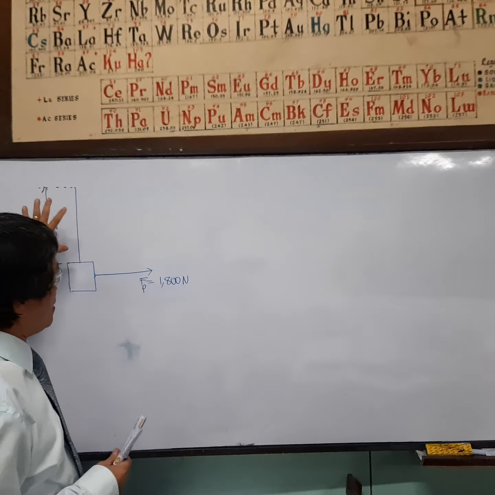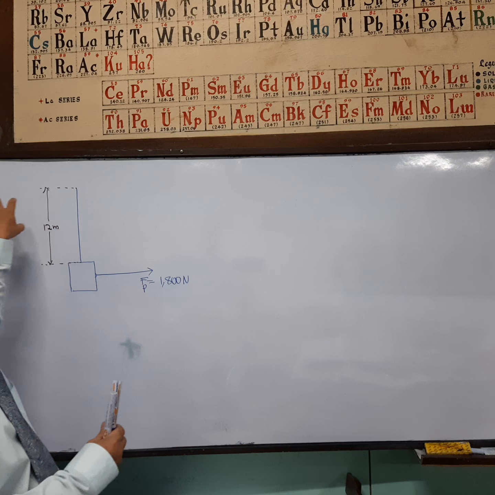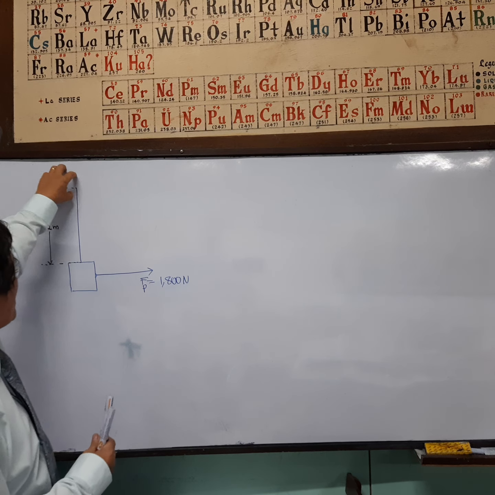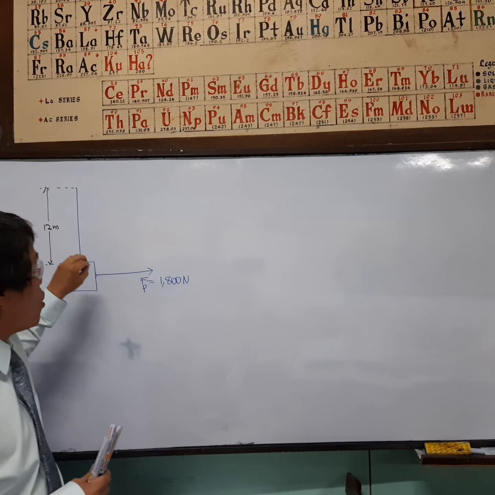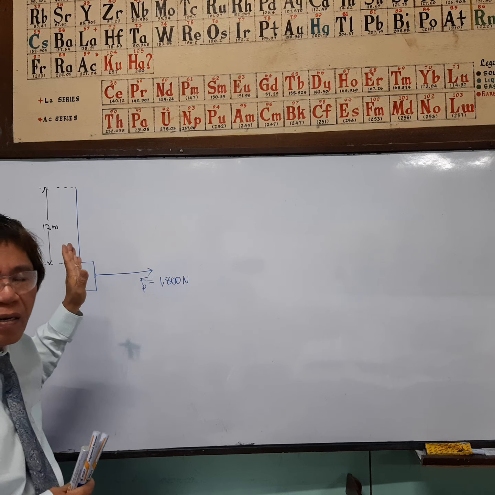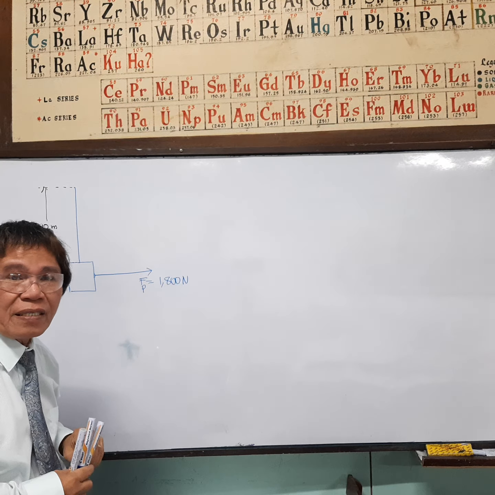Then, this is the cable attached to a crane. There is the crane here. You have seen a crane. Just imagine there is a crane. Our diagram will focus on the crate and the cable because we have here forces acting on the crate.